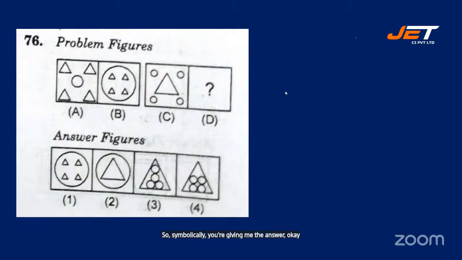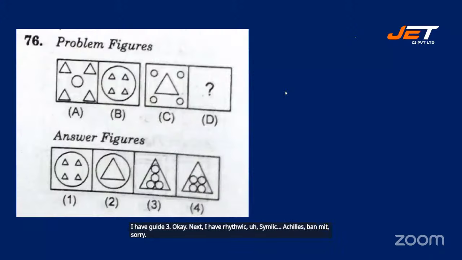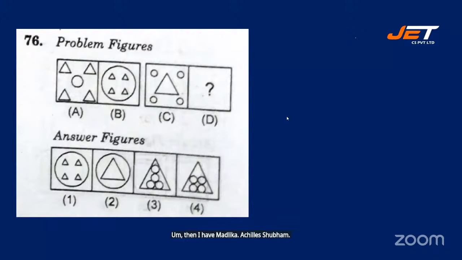Okay. Sai Shashank. I have Gayatri. Okay. Next, I have Ritvik, Sai Manvit, Akhilesh, Lasya. Then I have Mallika, Akhilesh, Shubham, Kaushik, Navadeep, Prasanna. I have Bindu, Shubham.